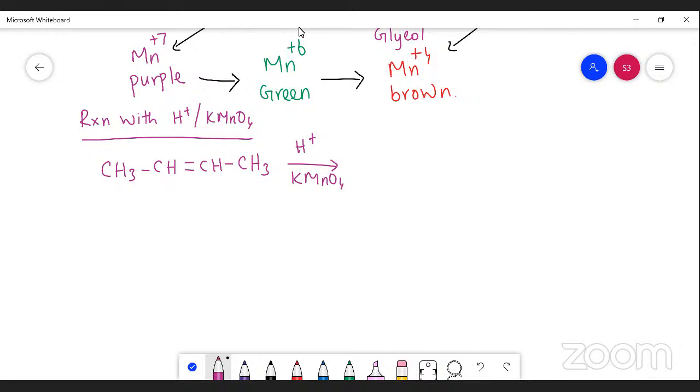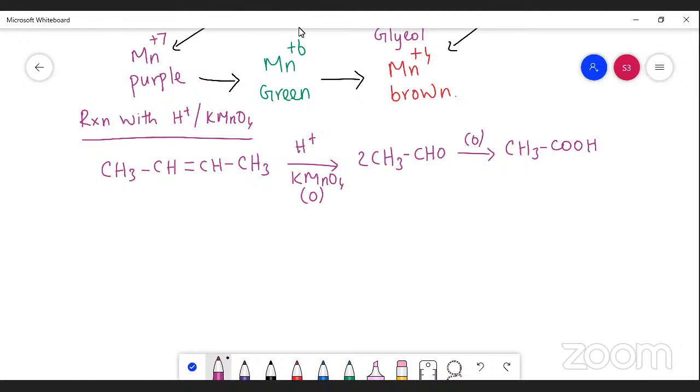Because acidified potassium permanganate is the best oxidizing agent, we get two molecules of aldehyde, CH3-CHO, and the double bond will be cleaved. Further, on oxidation, because we are using acidified potassium permanganate, it will be converted into the acid, CH3COOH. So we get aldehyde and acid.